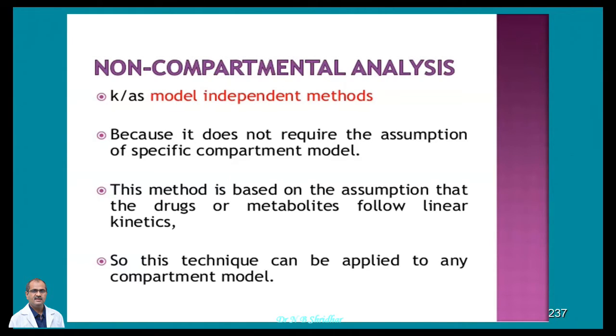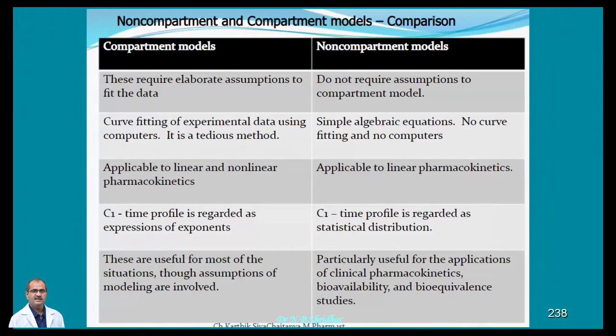This model is based on the assumption that the drug metabolites follow linear kinetics. This technique can be applied to any compartment models. These require elaborate assumptions to fit the data, and non-compartmental models have their own advantages and disadvantages, but do not require assumptions of a compartment model.